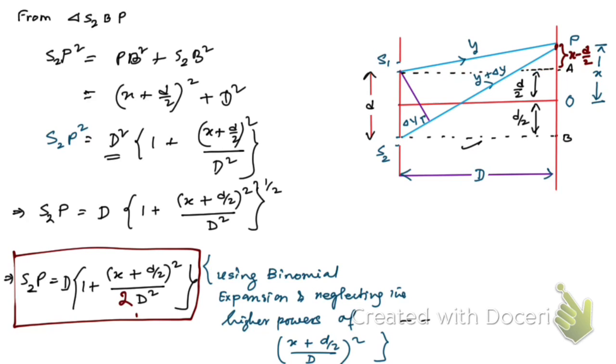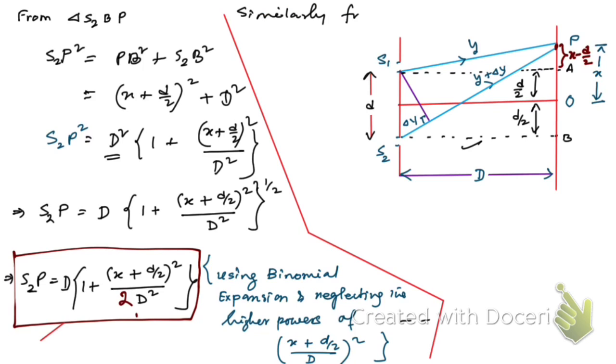So again, as we have obtained S2P, similarly from triangle S1PA, we don't need to show all the steps. If you write similarly, then it will be fine, because the process will be same.